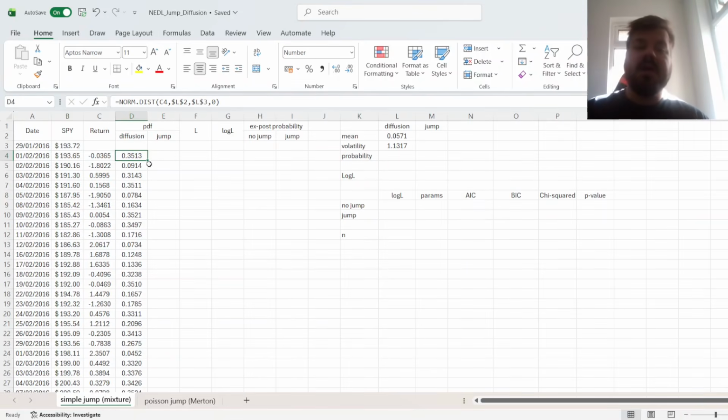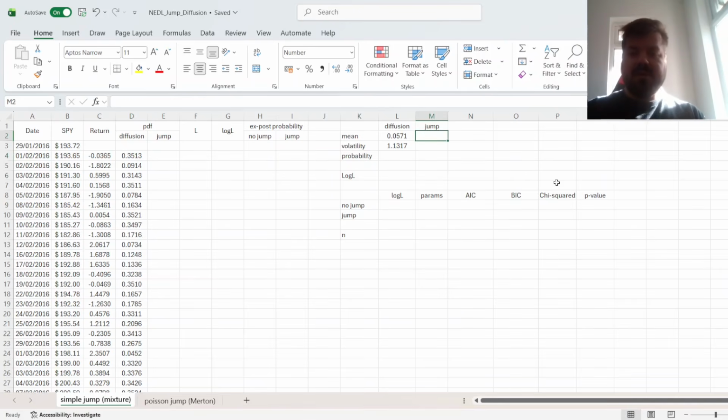However, what the jump diffusion model incorporates is that sometimes, with some probability, you would have a jump component in your return process. So with some probability, there would be an observation with greater or smaller mean and additional volatility.